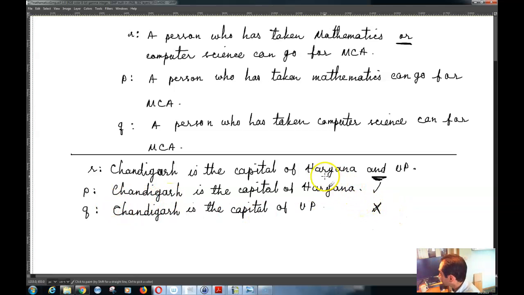So the first statement is true, but the second is false. Here the connecting word is AND, so I suppose this statement would be false, of course.